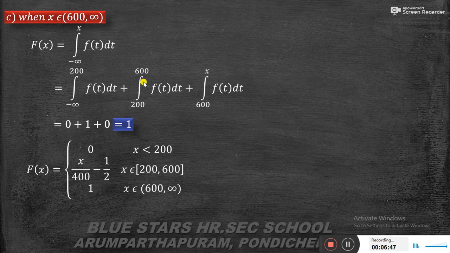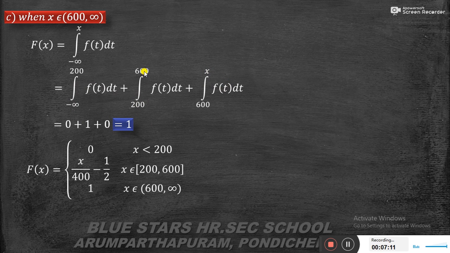But for 200 to 600, the function is f of t equal to 1 by 400. The first limit is 0 because minus infinity to 200 is the otherwise limit, where f of t equal to 0. The third, 600 to x, is the otherwise limit, 0.